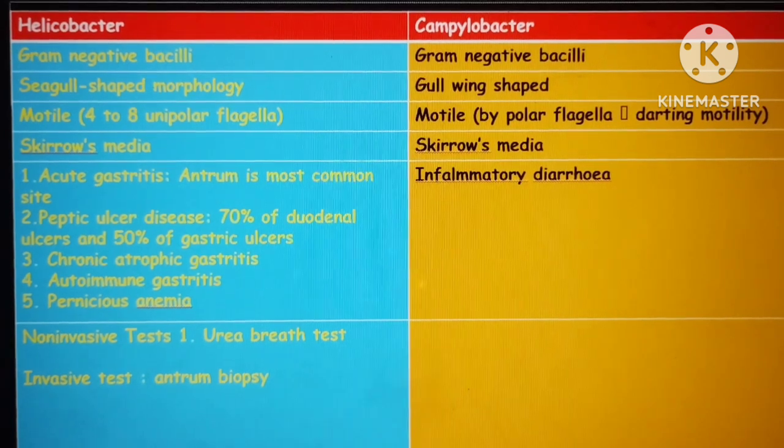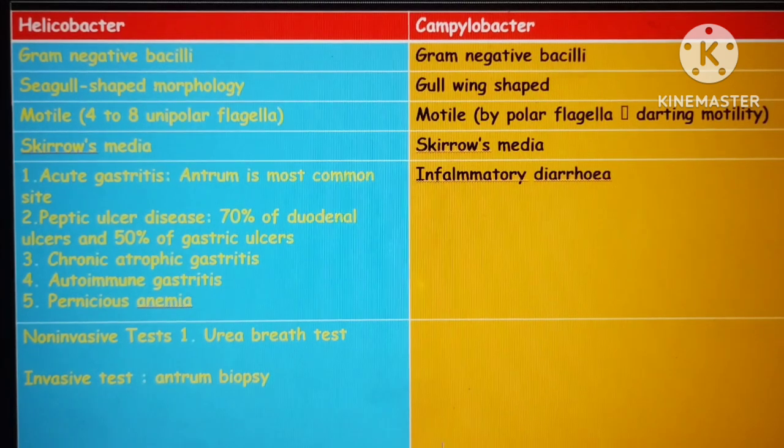Next, what about the investigations or non-invasive test? You will be using the urea breath test. In that, non-reactive radio-labeled carbon with urea is consumed. If the organism is present, it releases urease enzyme, which breaks down the urea, releasing the radio-labeled carbon dioxide.